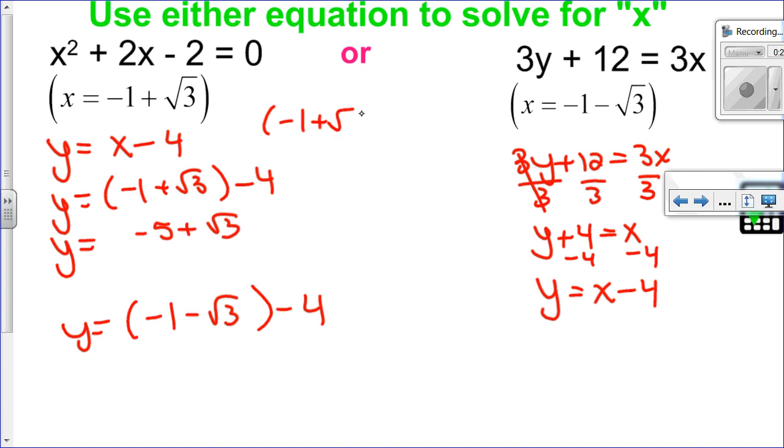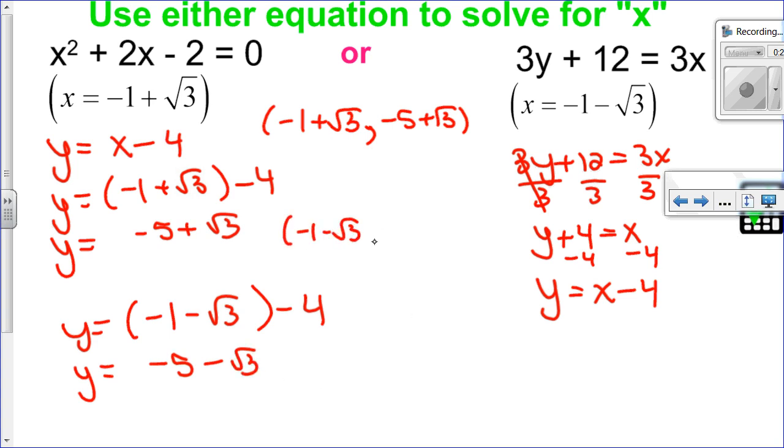So don't choose the quadratic equation if you can avoid it. There's my first solution. And then same thing over here, negative 1 take away 4, negative 5 minus root 3. So my other solution is negative 1 minus root 3 and negative 5 minus root 3. So these are my two solutions.